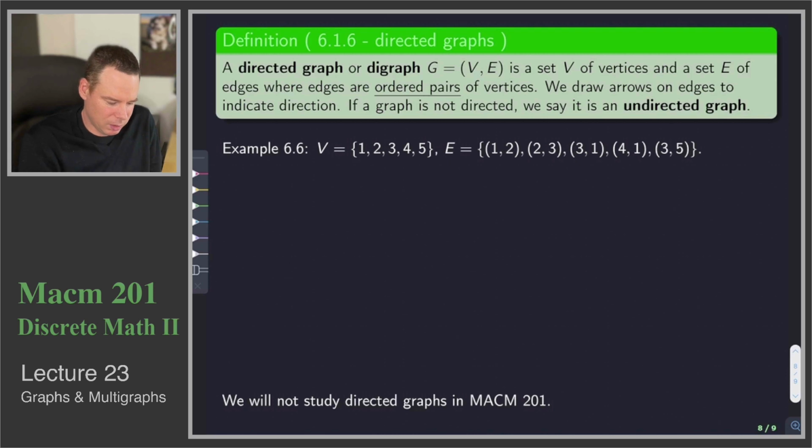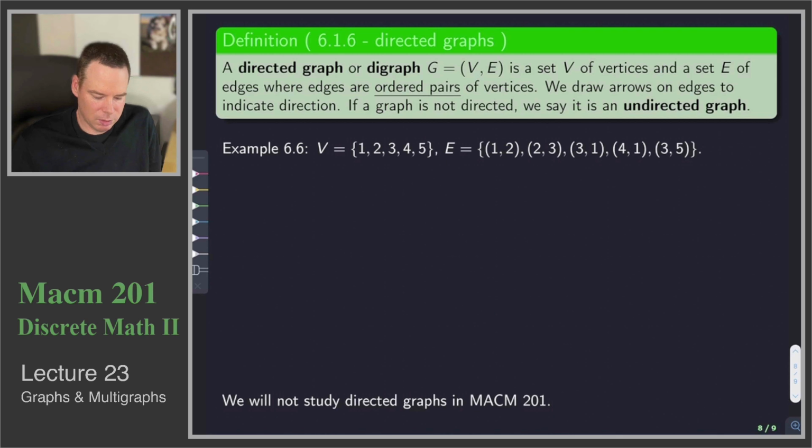Now we're going to extend out to what we call directed graphs. So a directed graph, or digraph for short, is a pair, again, of vertices and edges. The edges, in this case, are a collection of ordered pairs of vertices. We draw arrows on the edges to indicate their direction.